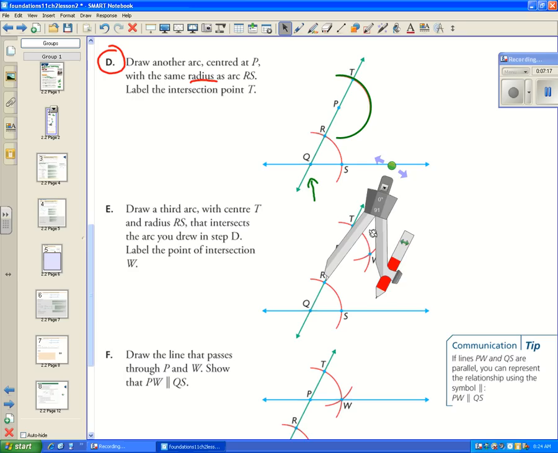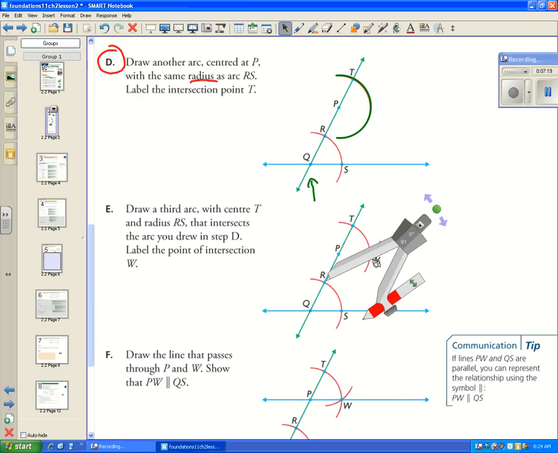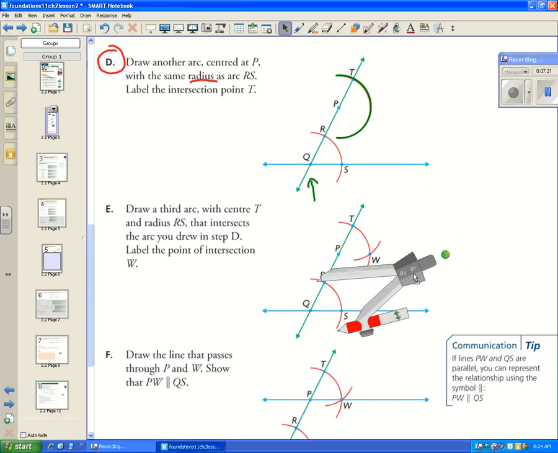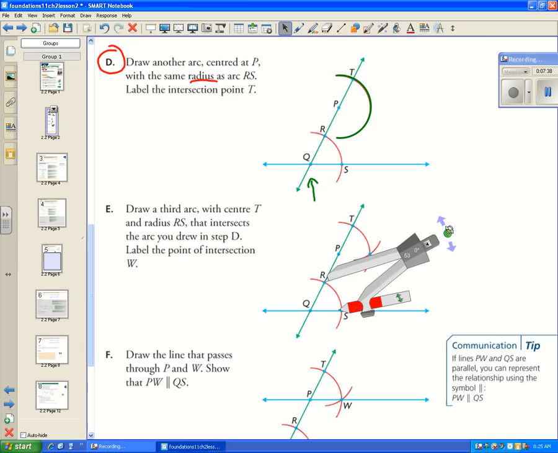Okay, there we go. I want to put on R and get a radius of RS. You guys have probably done this in 2 seconds. Okay, a radius of RS. Not quite perfect. There we go.